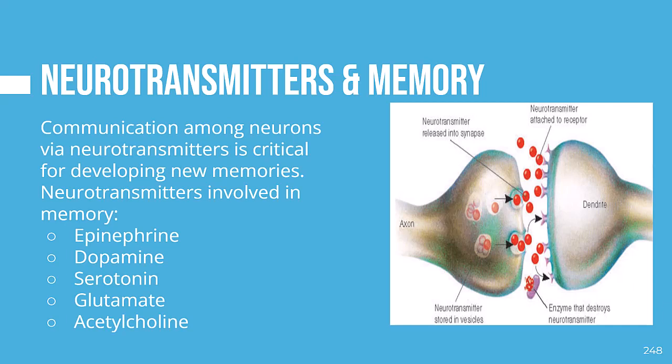Repeated neuron activity increases the neurotransmitters in the synapse and creates a stronger synaptic connection. This is how memory consolidates itself. The neurotransmitters that are involved in memory are epinephrine, dopamine, serotonin, glutamate, and acetylcholine.